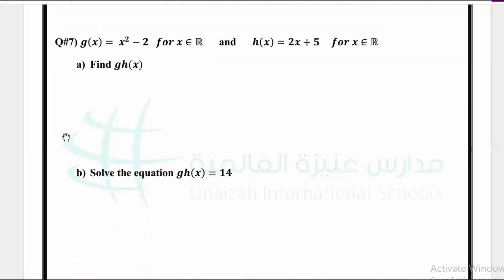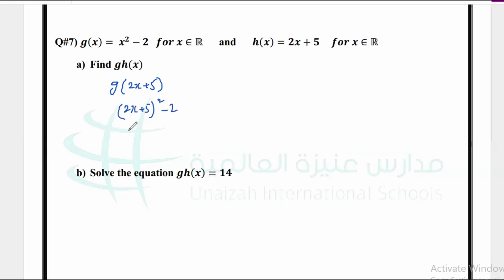Next, question number 7, and we have two functions, g of x and h of x. Both belong to the real numbers, and we are looking for the composite. So gh of x is equal to 2x plus 5, and then we replace this 2x plus 5 in function g, which is x squared minus 2. So it means (2x plus 5) whole squared minus 2.